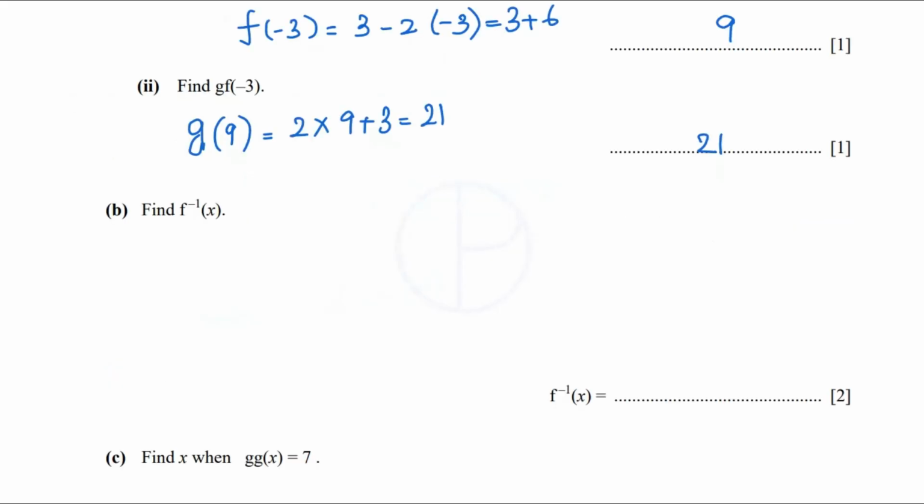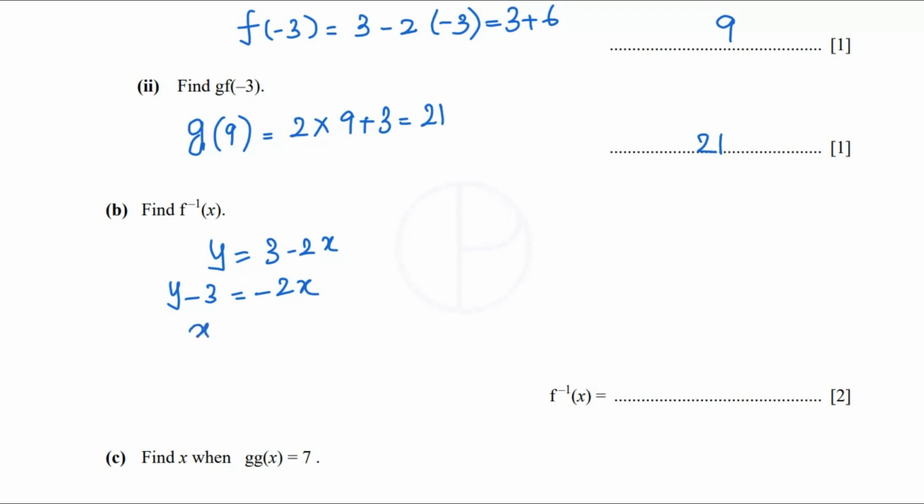Find f inverse of x. Let's take y equal to the function 3 minus 2x. Now make x the subject. So we get y minus 3 equal to minus 2x. Now divide by minus 2 on both sides.